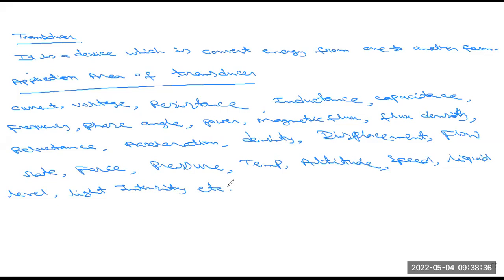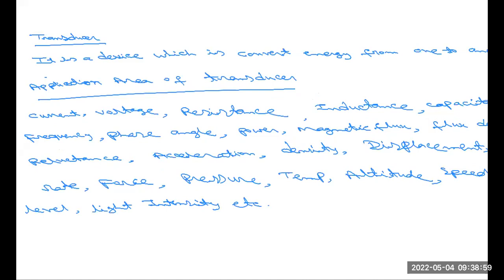So you can see this transducer is basically a device which converts energy from one form to another form. I am giving you a small example. Your human body temperature is measured by a thermometer. Using this thermometer, you can easily measure the human body temperature, whether it is high or low.